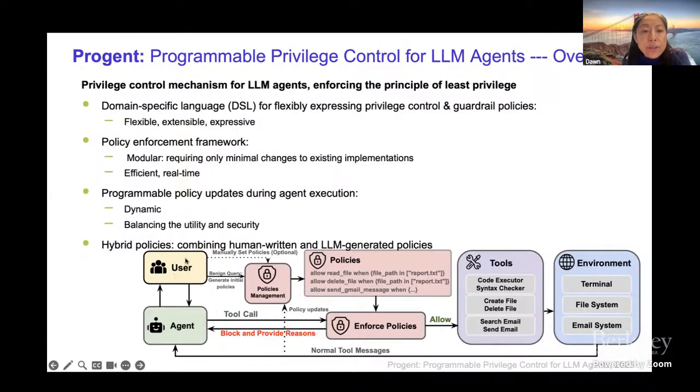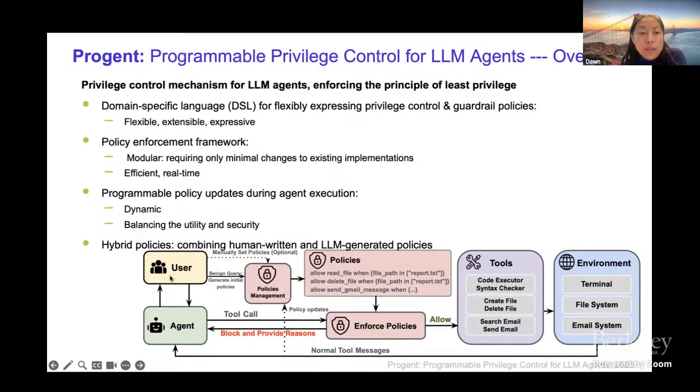As the user creates its initial queries, which here are assumed to be benign, the benign query will then be processed by an LLM that will generate additional dynamic policies to extend the initial policies. And then these policies will be used to do policy enforcement.